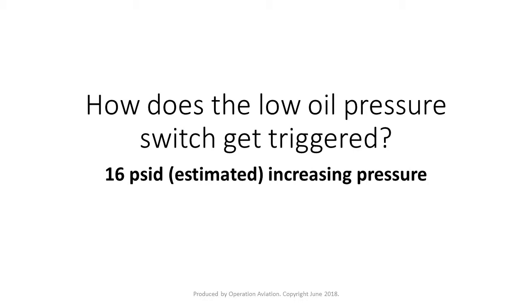Remember I said roughly about 35, and it does fluctuate, so it's not a big thing. But if it hits 16 psi, that's quite a deal lower than 35 psi. Once it hits that 16 psi increasing pressure, that switch is going to trigger, and there's going to be an indication for low pressure.